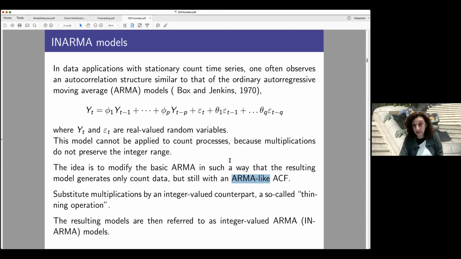So, as I said before, there are two ways of doing that. One way is the so-called thinning operations, which is a way to circumvent the problem of multiplication. And the models that arise from this thinning operation on the past observations and the past noises are called INARMA models, integer valued ARMA models.